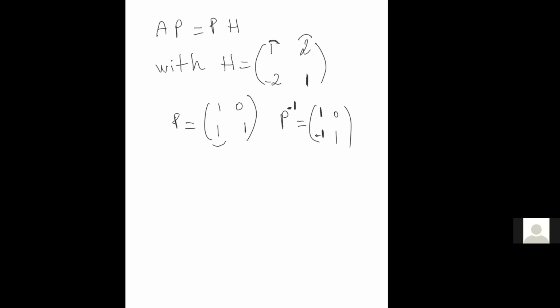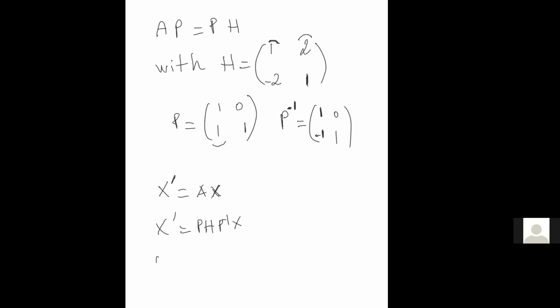And so, what is interesting is that you start with x prime equals Ax, but A is P H P minus 1.